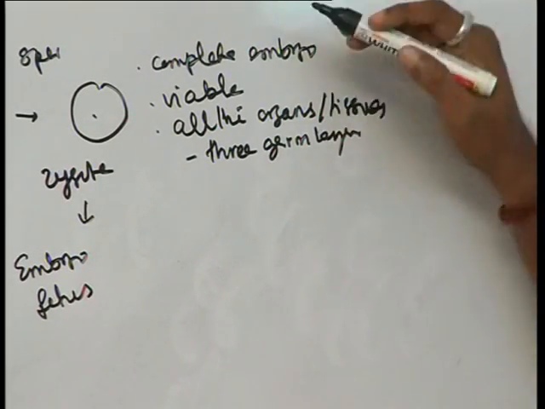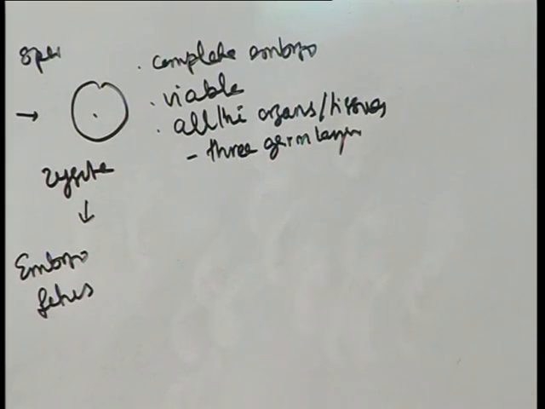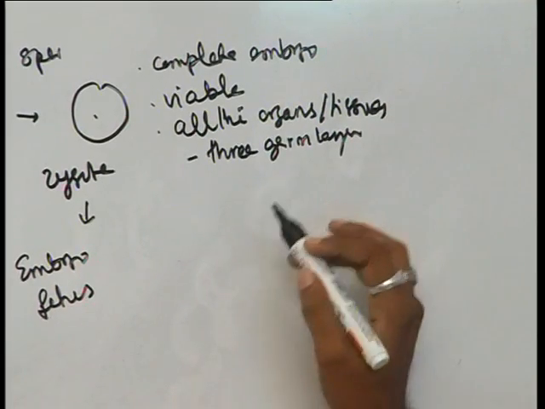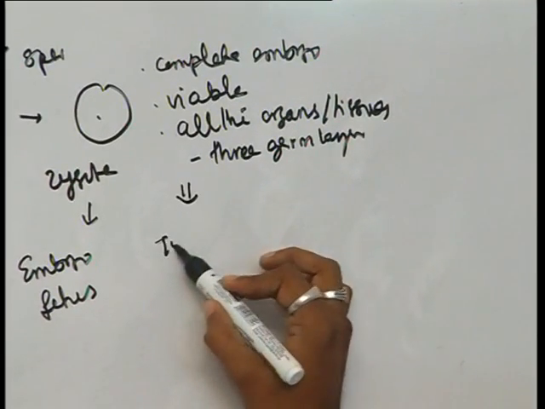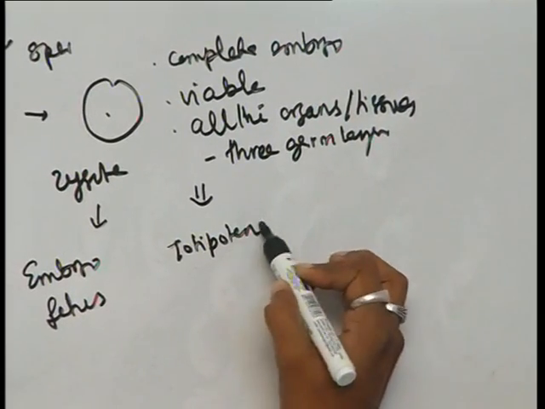If it gives all these things, that means this zygote has the potential to do this. So this particular property is called totipotency.